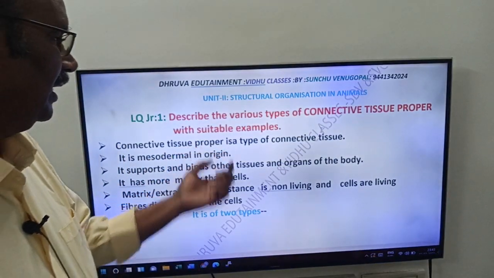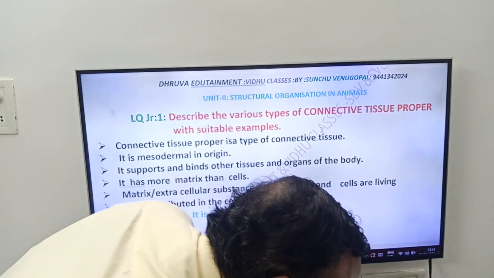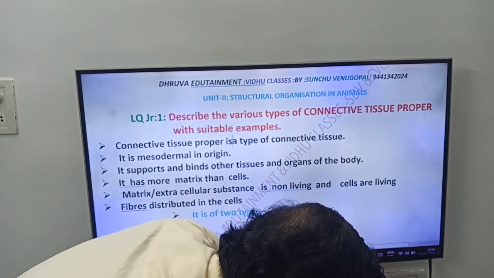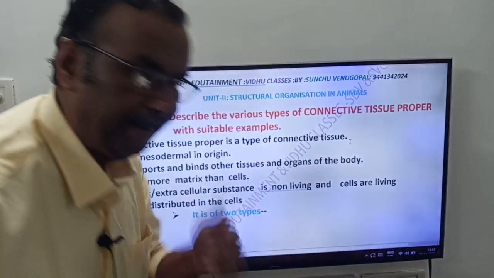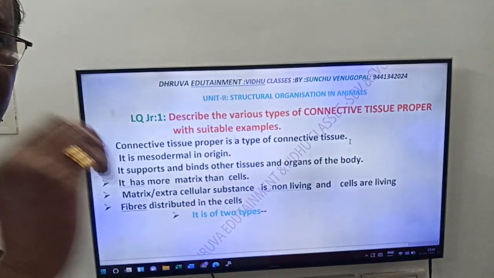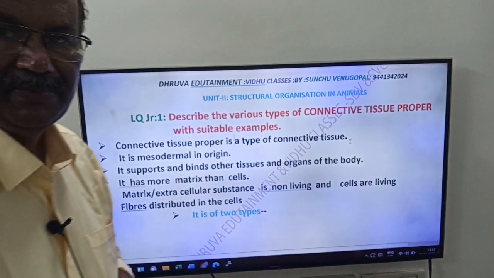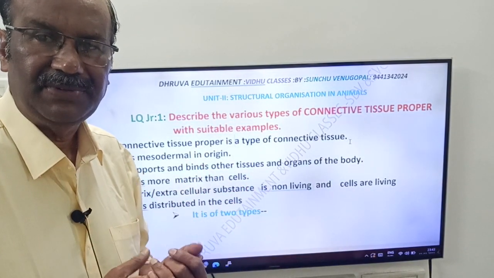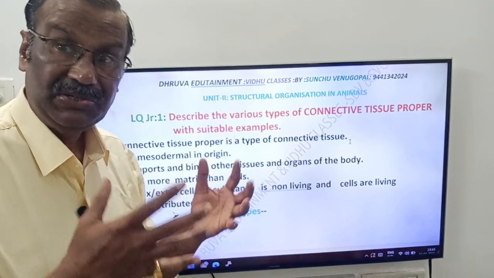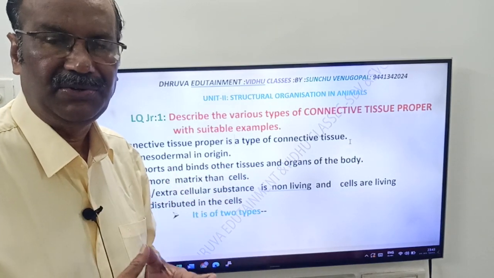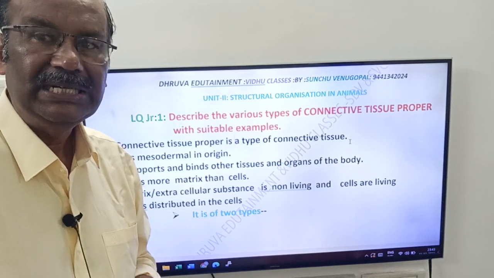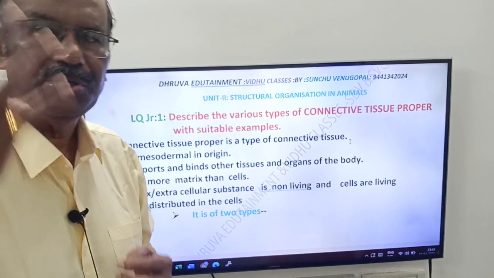See friends, connective tissue proper is a type of connective tissue. You know connective tissues are of 3 types: connective tissue proper, skeletal connective tissue and fluid connective tissue. So it is one type of connective tissue.